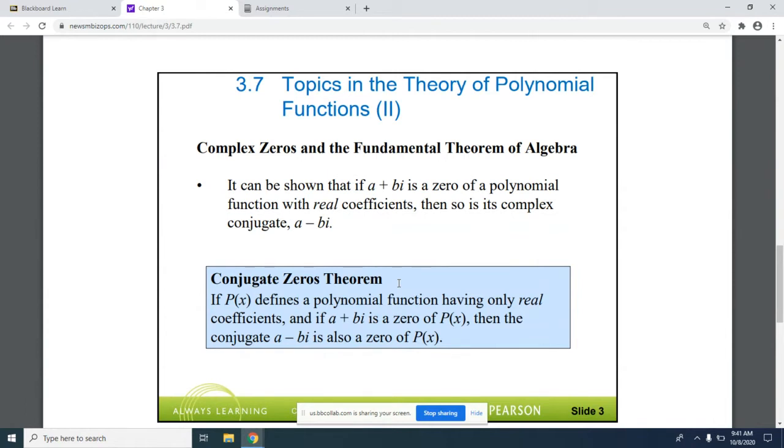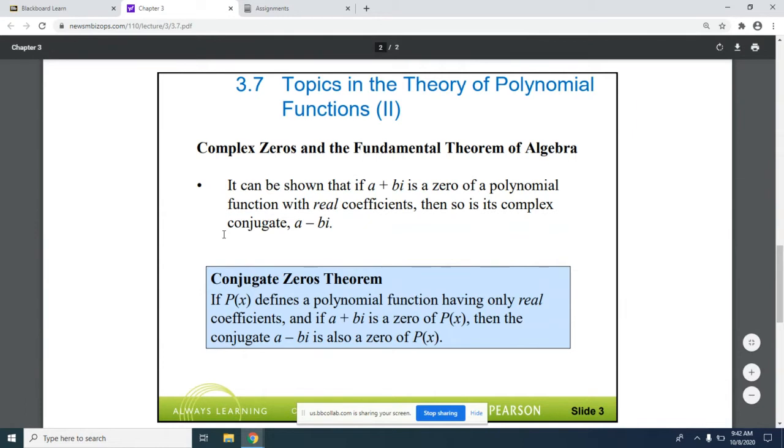What it basically says, and what we talked about previously, is that all complex numbers, and the standard form of a complex number is a plus bi, must have a conjugate zero. The conjugate zero for a plus bi is a minus bi.